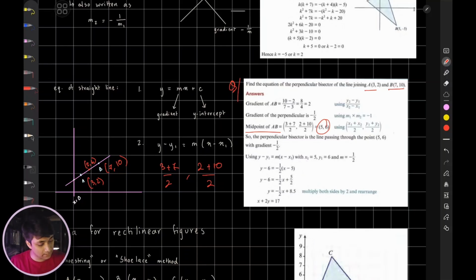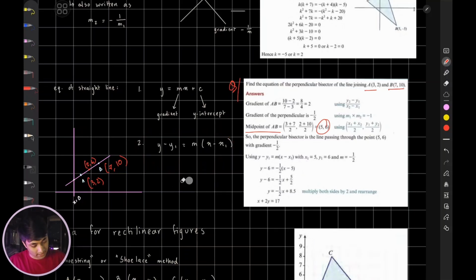Fairly simple. So now we know two things. One of the points that lies on the line, the midpoint, and we also know the gradient of the line. Can we now take the help of the second equation and form the equation of the line?